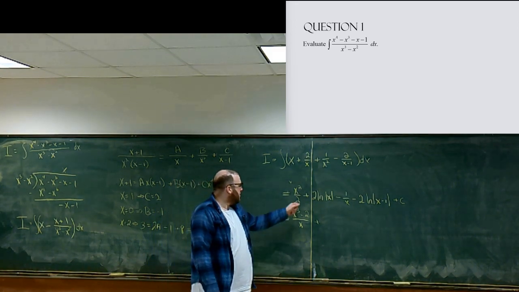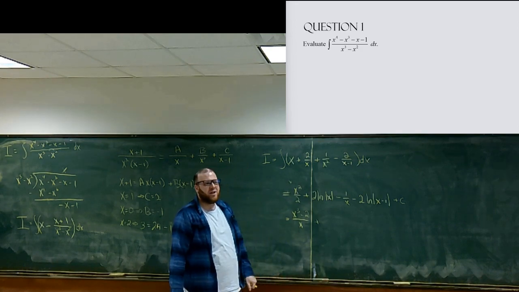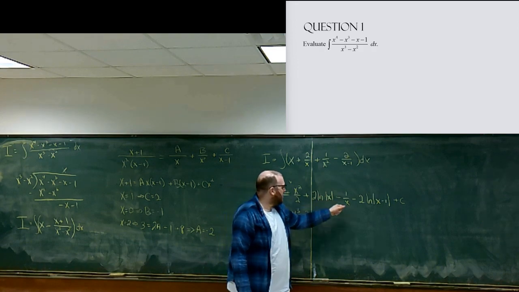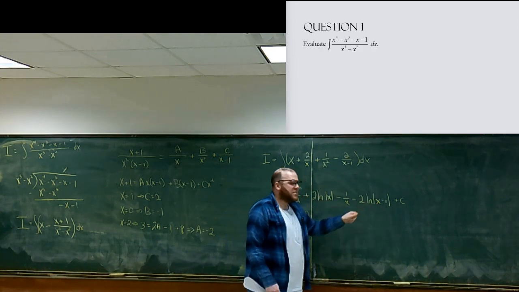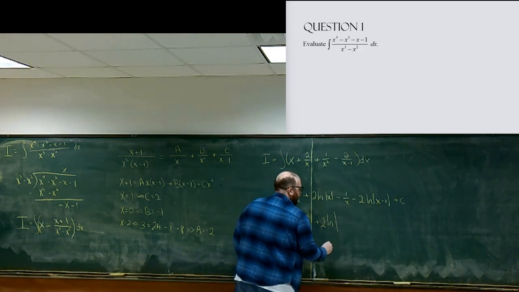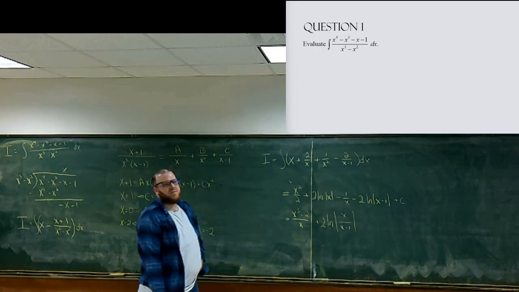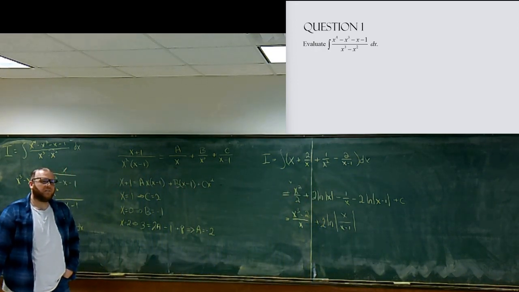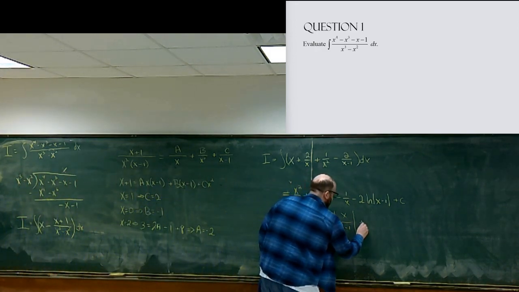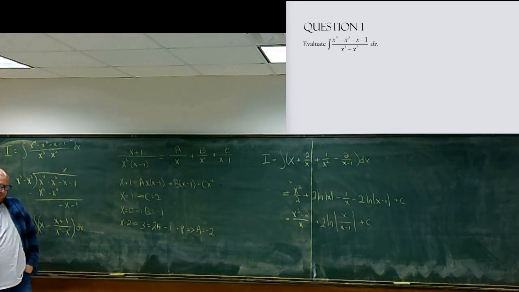How did you get that? x squared over 2 minus 1 over x. Common denominator is 2x. Okay. Both logs have the same coefficient, which makes it very easy for me to combine them into one log. So that could also be a way to write the antiderivative.